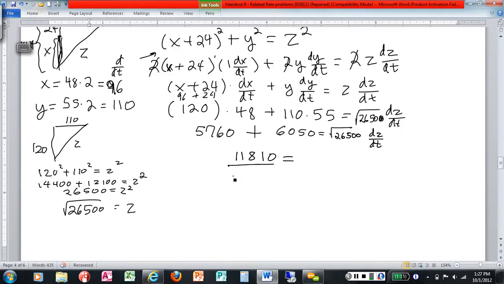And then I'm going to divide by the square root of 26,500, right? That'll get dz/dt. And so round that off. I'm getting about 72.5 miles per hour.